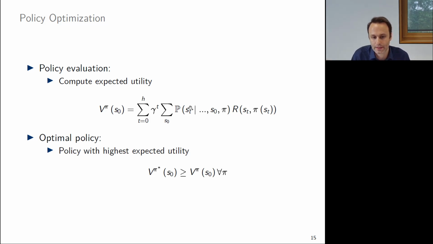So that's why we need the transition model here and the reward model, and that's the things that are known now, and that's the things that we're gonna learn later in the reinforcement learning algorithms.